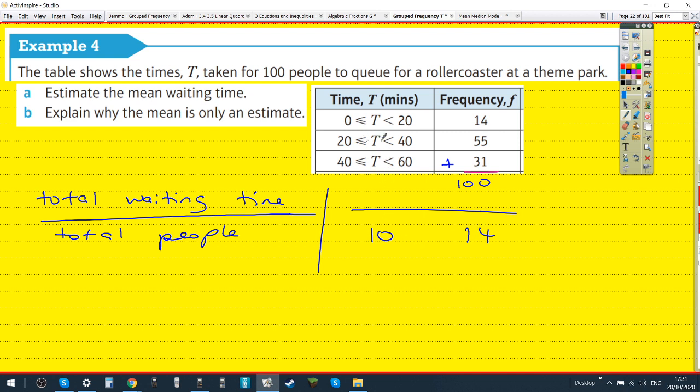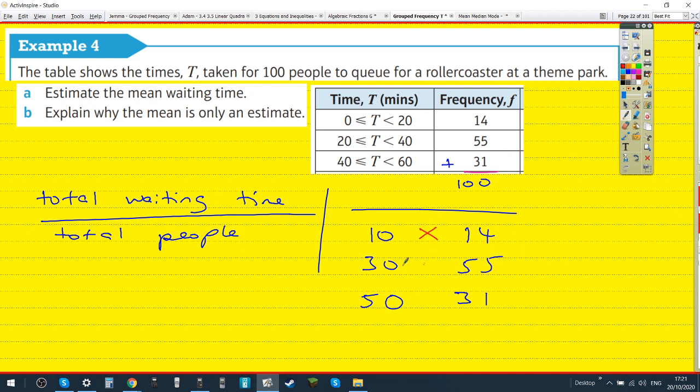So what would be the midpoint for the next one? 30. Yeah, so we say all 55 were 30 minutes. And last one? All 31 at 50 minutes. Yes. And so you use the method that we did before.